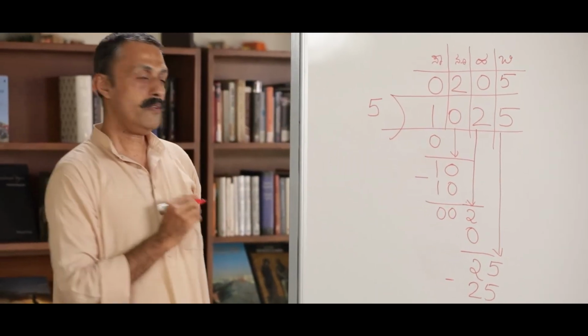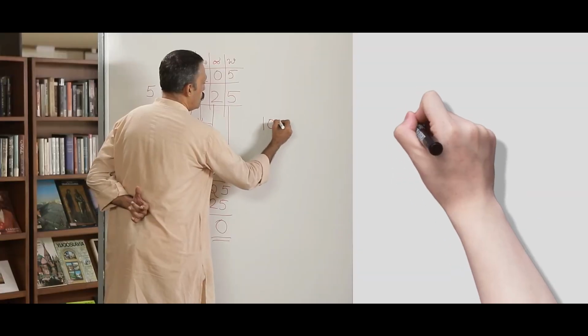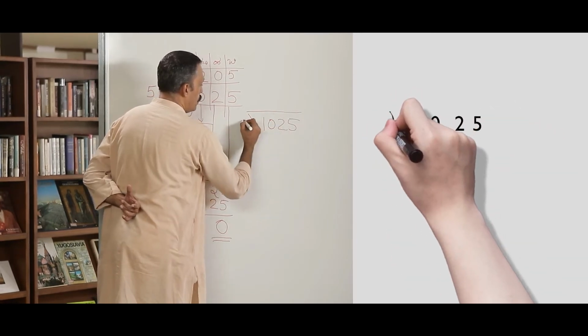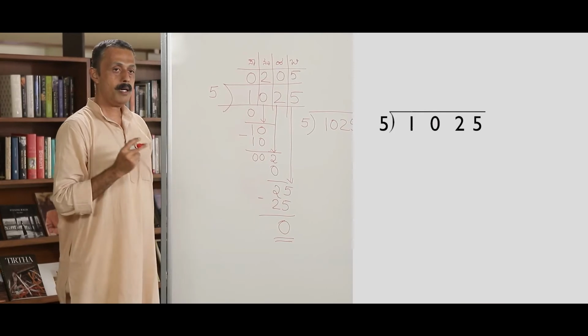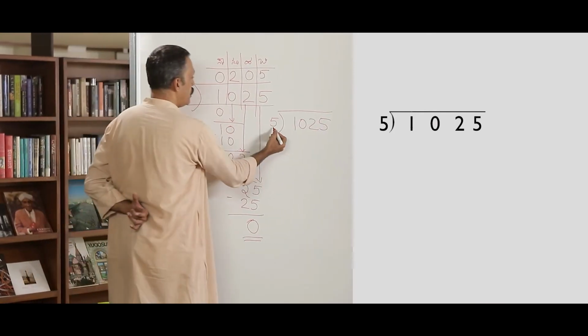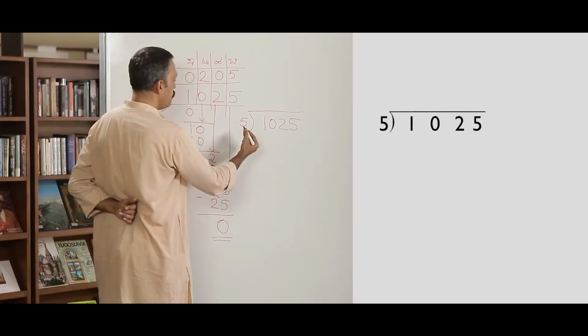Usually, how do children solve this problem? 1025, it has to be divided by 5. Often, children take division for tables. They think if you know table 5, I can do it easily.